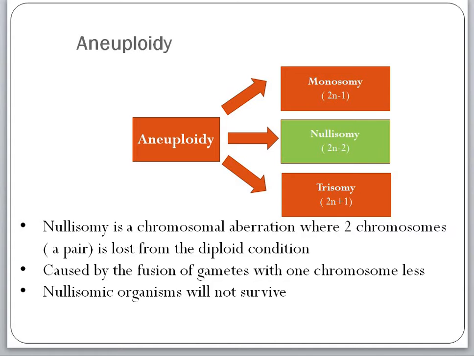Since both the gametes are lacking one chromosome, the zygote formed will be lacking two chromosomes. Hence the condition 2n minus 2. But this nullisomic organism will not survive.